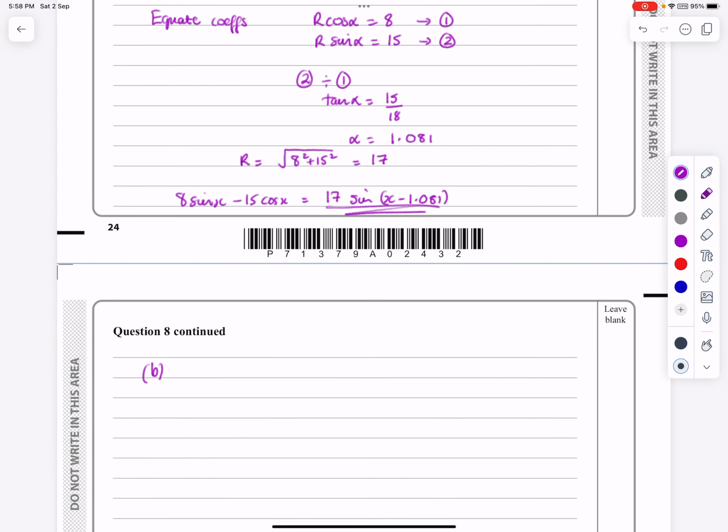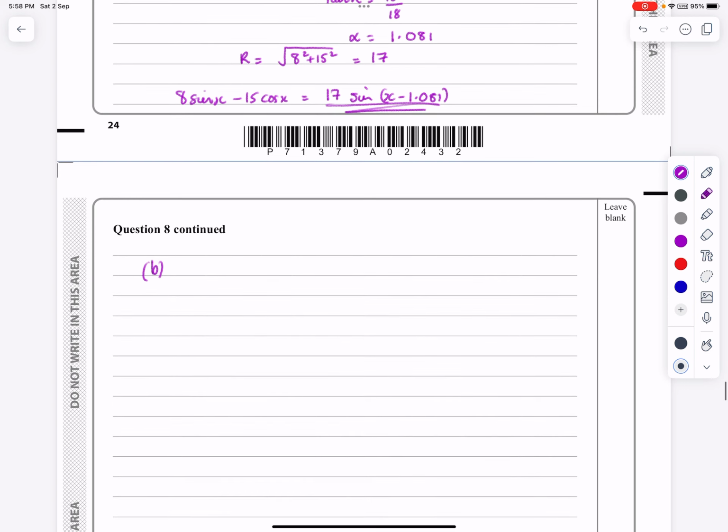Okay, on to part B here then. So part B now, B part 1 at least, is talking about f(x) being this function, which is 15 all over 41 plus 16 sine x minus 30 cos x. Well, as I say, I'm used to doing these questions.